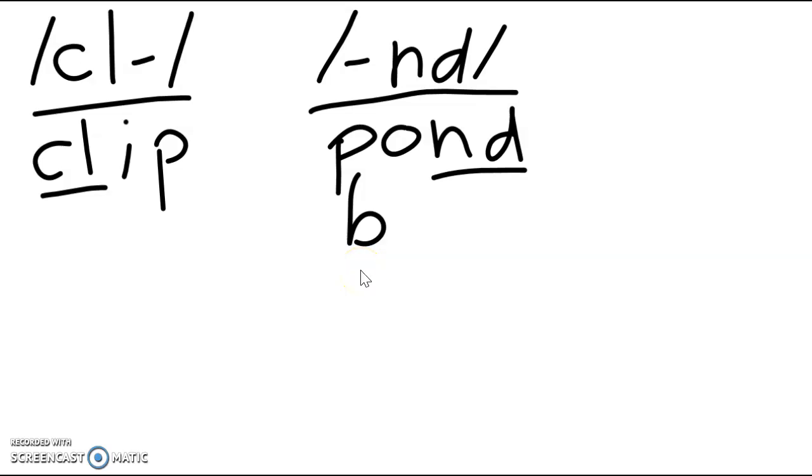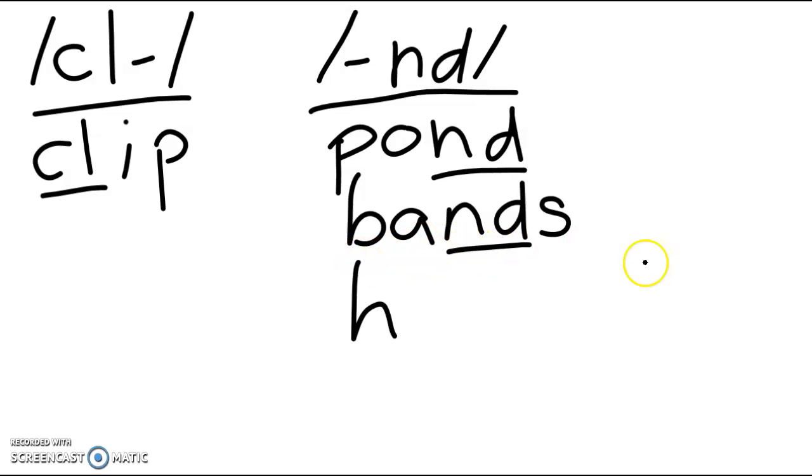Sound, b. Sound, ah. Sound, nd. Let's blend. B, and. Word, band. Put an S on it. Now it's bands. Very good. Sound, h.